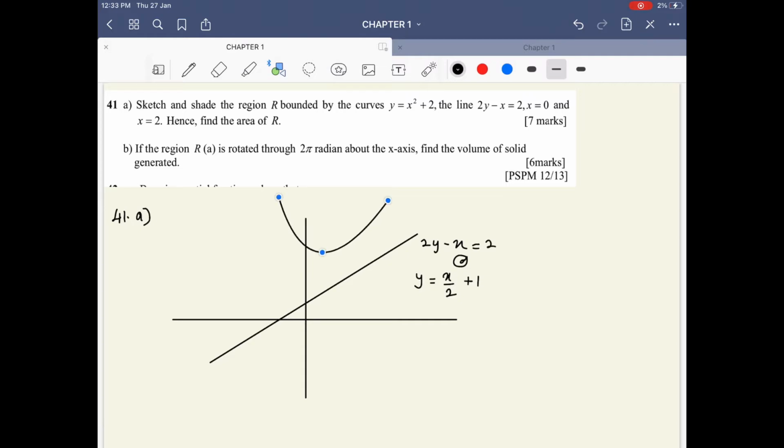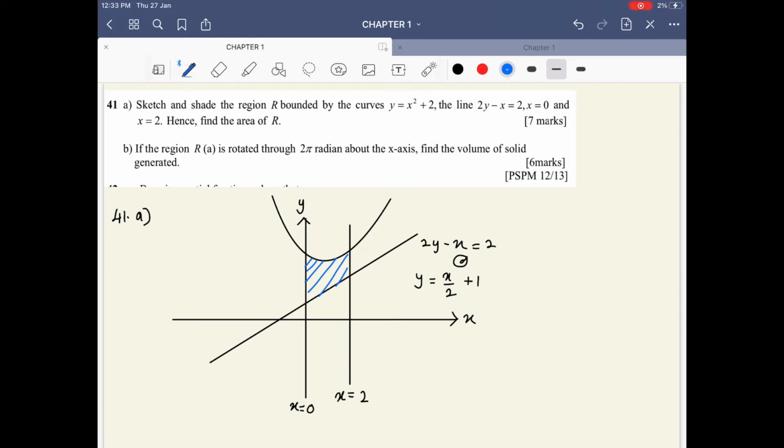Okay, so the curve and the straight line do not have any intersection, but we have a boundary which is a straight line of x equals 2. Okay, so the area in the middle is where we are going to find the value of area.